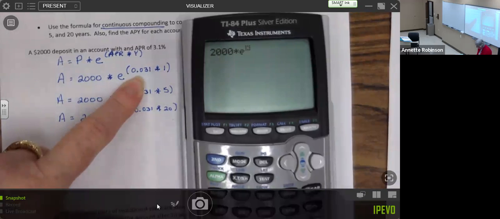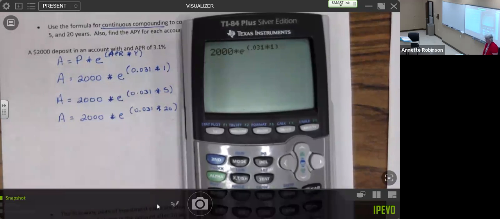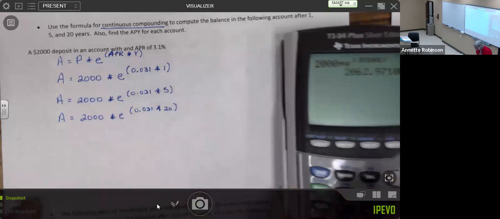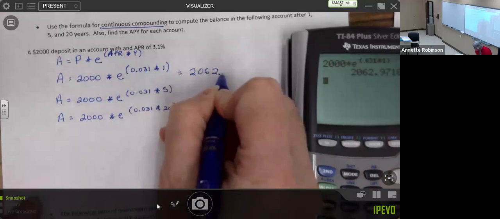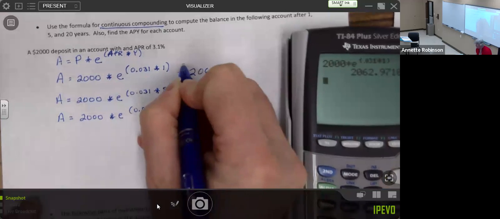I'm going to put in parentheses 0.031 times 1 and close. Now, when you hit enter, there's your answer. We're rounding to 2 decimal places. So we would say that's $2,062.97, the 7 not changing.